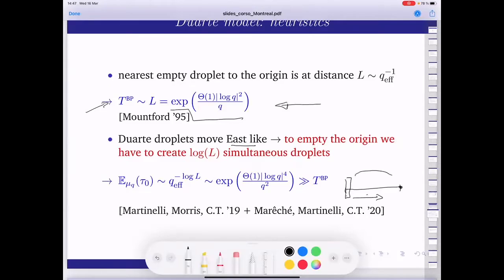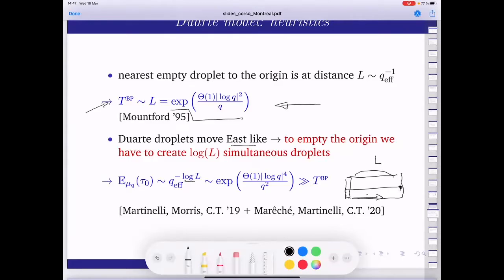So in order to overcome this distance, even though I can use the fact that I can create empty sites and then also fill them, so as not to create all the empty sites up to reaching this guy, the best that I can do is to go through a configuration which sees log L empty columns.